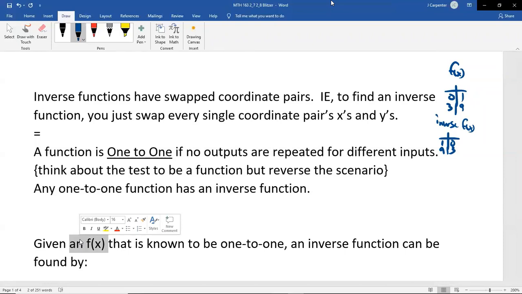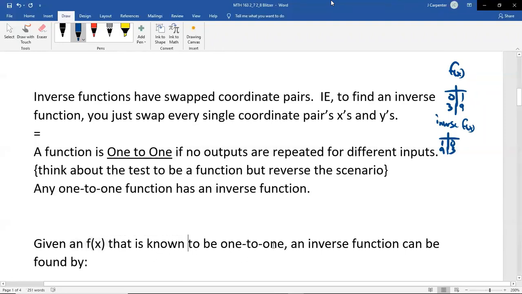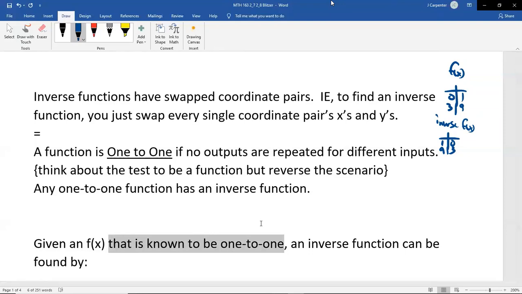The inverse function is only true if the first thing was a function to begin with. So given some function and you know that it's one-to-one, either the teacher tells you or my math lab tells you, or you determine it based on a vertical line test and what we'll call a horizontal line test, as we'll see later. An inverse function can be found by this method.